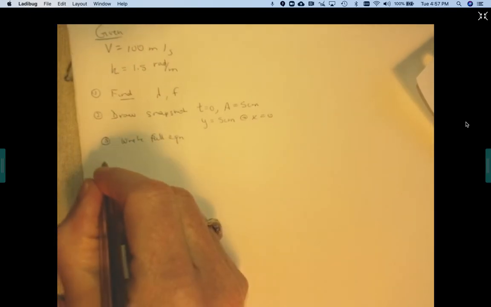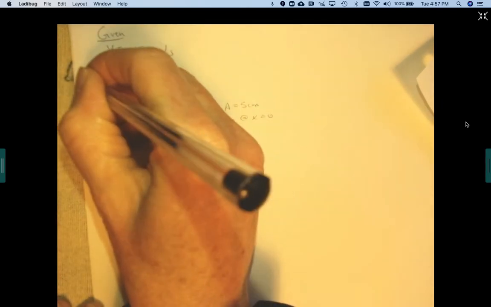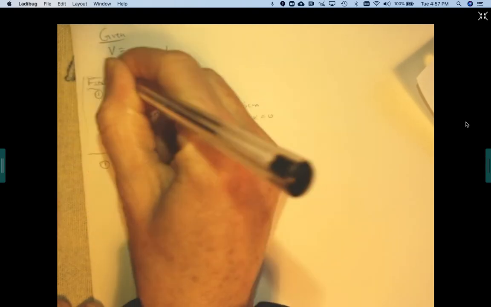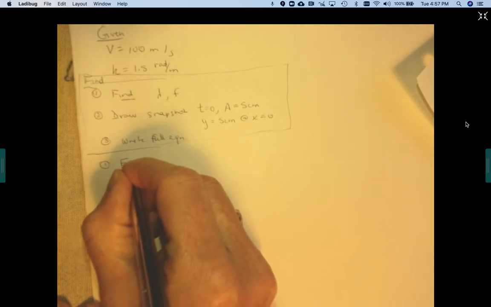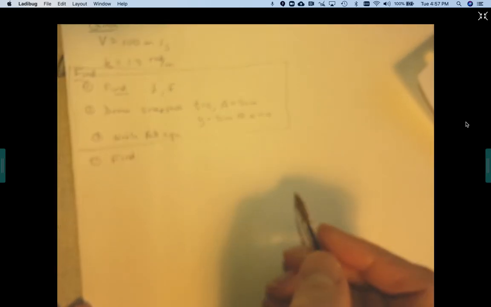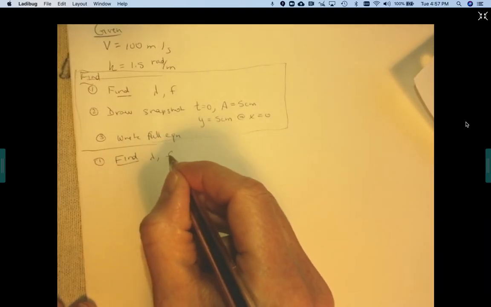Okay, so for part 1, this is what we need to find. Let me do my autofocus again, sorry about that. There we go, lambda, wavelength, and the frequency.